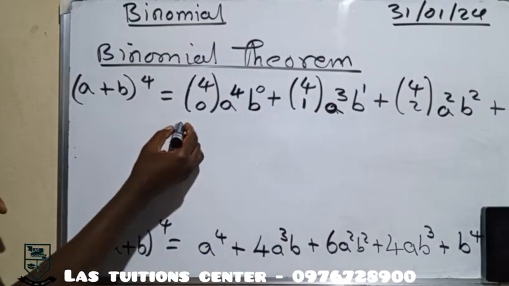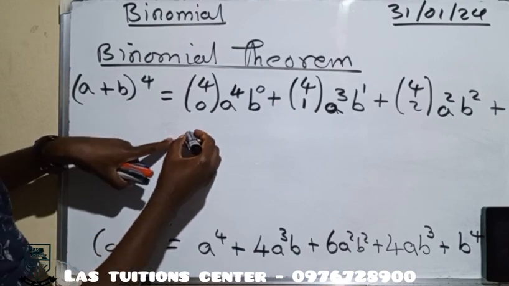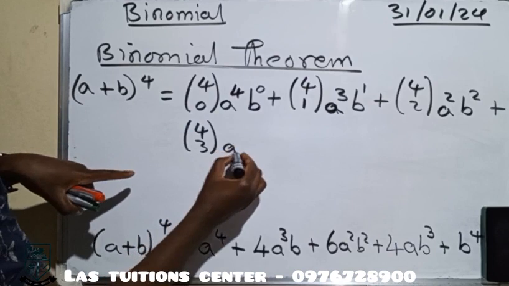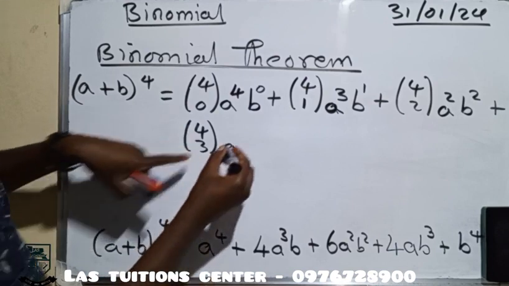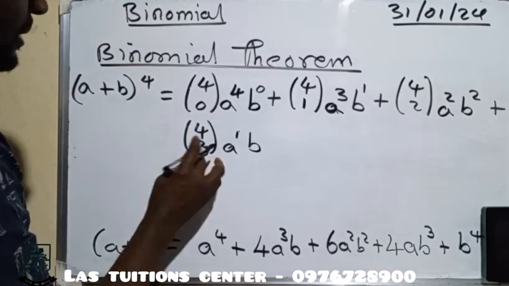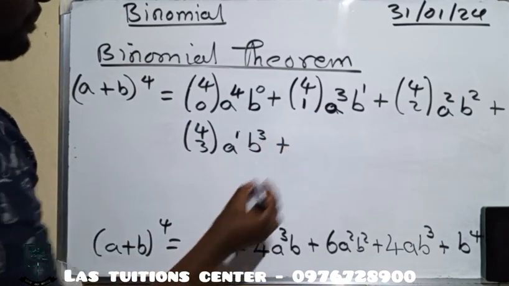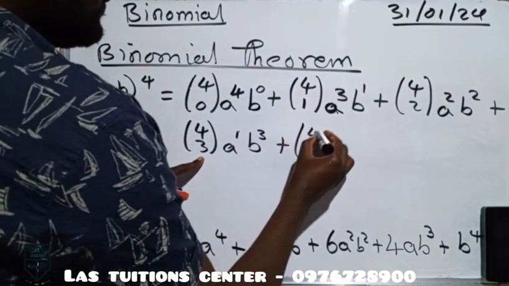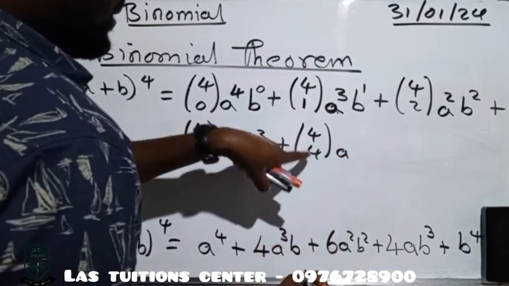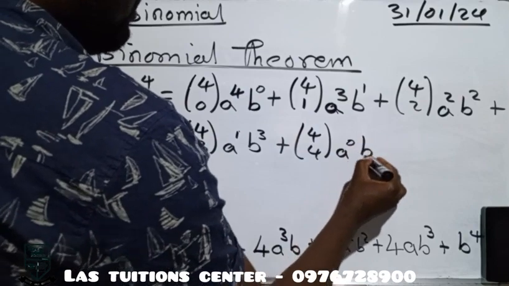Then we have 4 choose 3. Then a will be 4 minus 3, which is 1. Then b will carry the 3 here. Then plus, finally, we have 4 choose 4, where a will be 4 minus 4, which is 0, and b will carry the 4 down here.